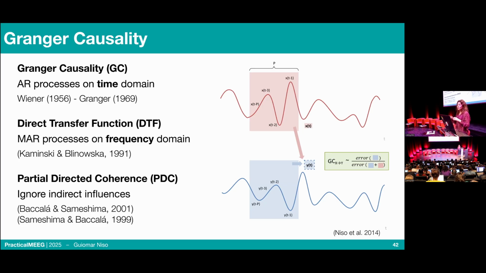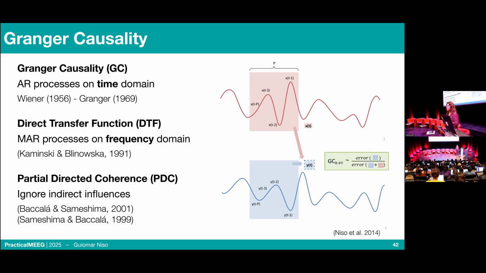That is, I try to predict myself with my own past and I get an error, and then I divide this error by the error I have with my past but also with the past of the other signal.